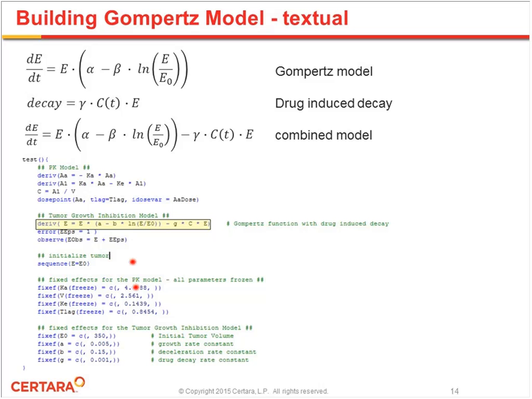This is coming from the PK model, and then we've got a few fixed effects for the PD model, for the tumor growth inhibition model. The initial tumor volume, A, the growth rate constant, B, the deceleration rate constant, and gamma, or G, as the drug decay rate constant.